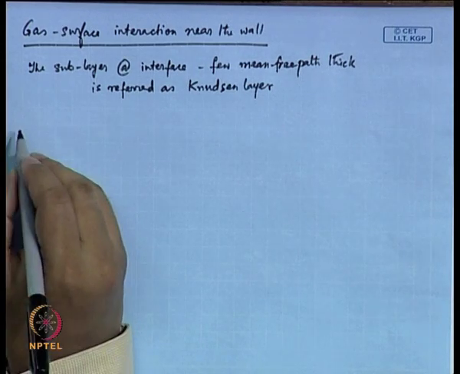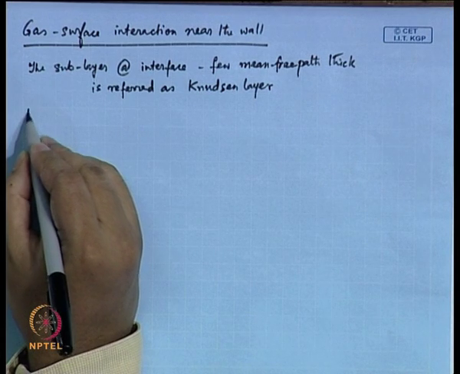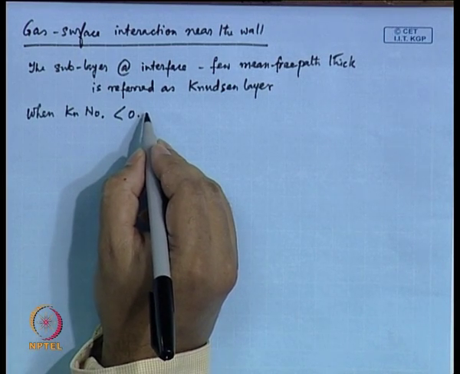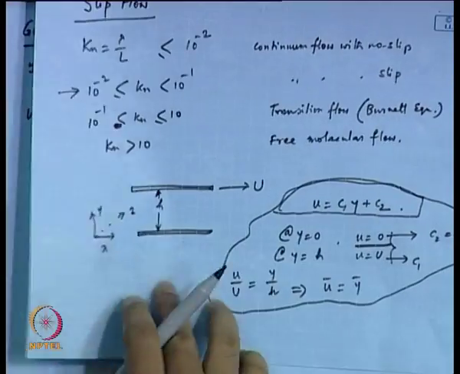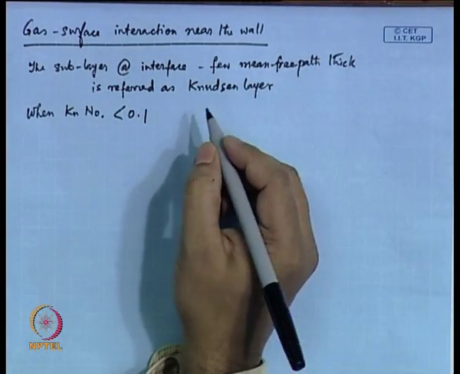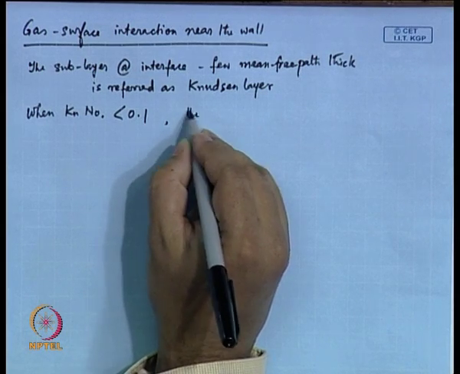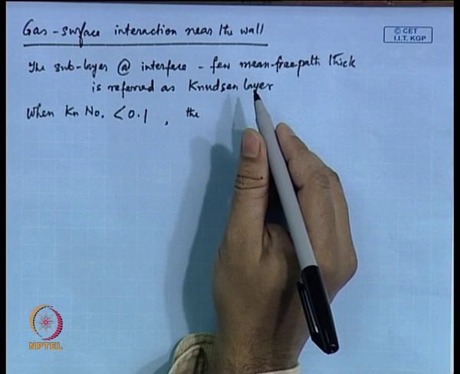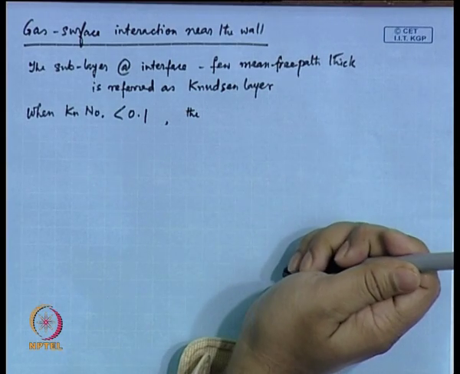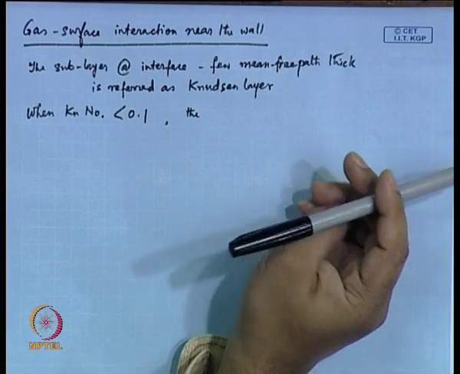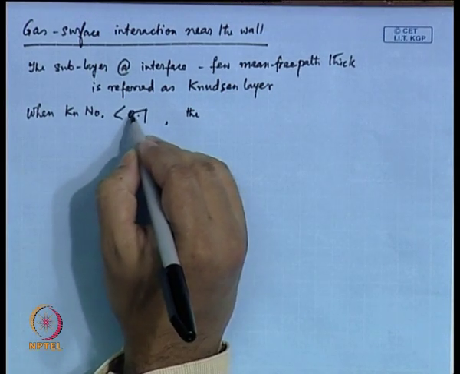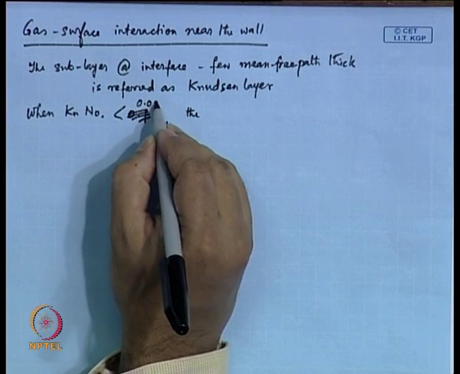When Knudsen number is small, when Knudsen number is less than 0.1, meaning less than 10 to the power minus 1, or I should say when the Knudsen number is less than 10 to the power minus 2, so it should be 0.01.